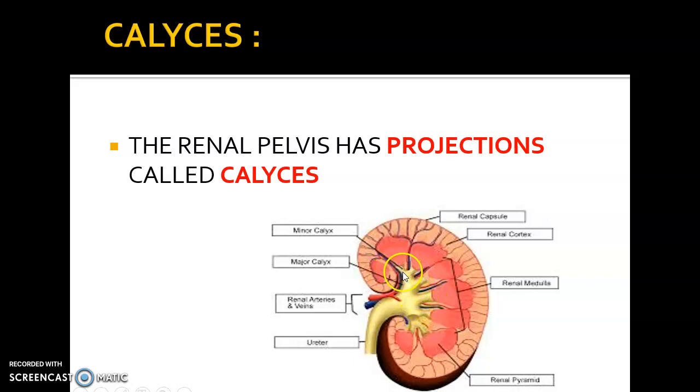Singular calyx, plural calyces. The individual one we call a renal calyx, and the plural we call calyces. As you can see, there are many calyces. So the renal pelvis has projections called calyces. These projections of the renal pelvis we call renal calyces.